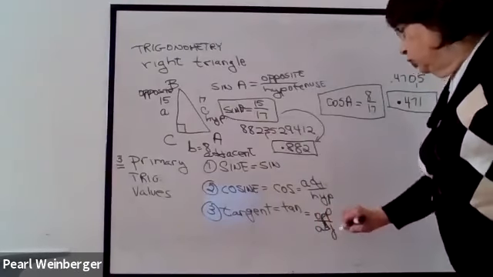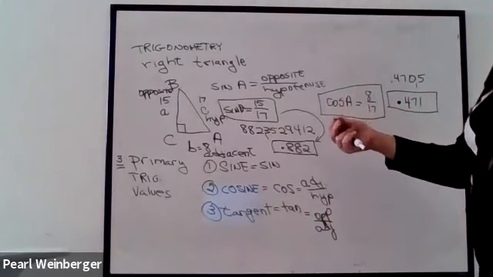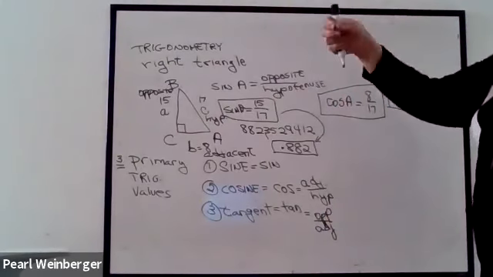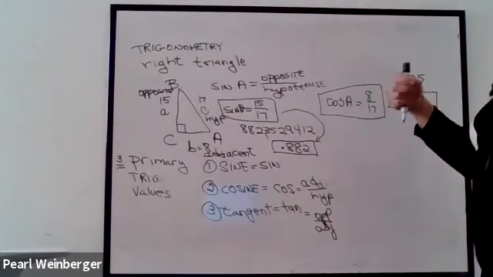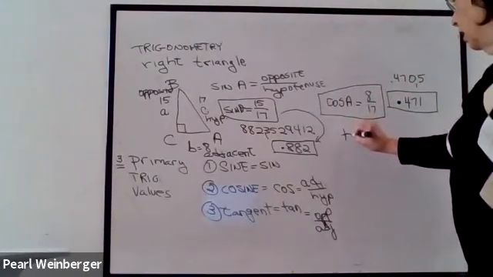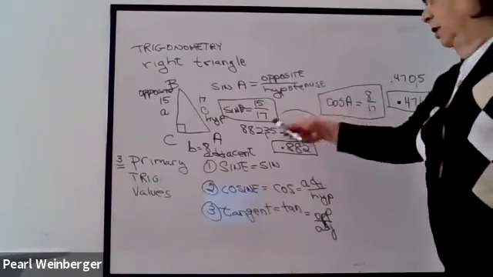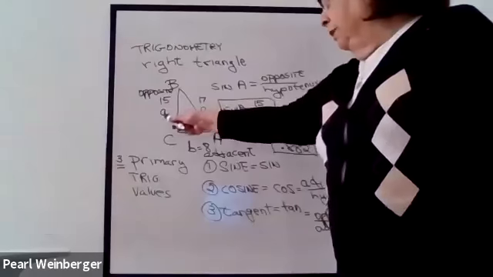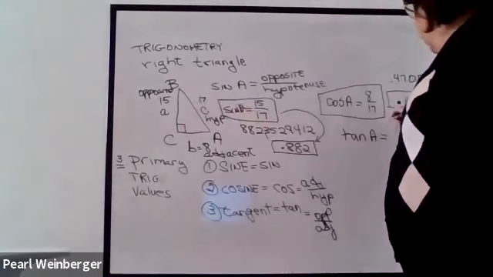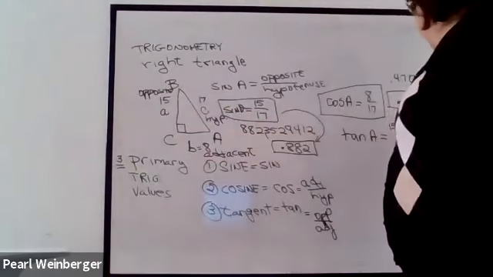If you notice, each one of them takes 2 sides of the triangle and does a ratio, a fraction from 2 sides. So the tangent of A is going to be, here's my A, the opposite, which is 15, over the adjacent, which is 8.